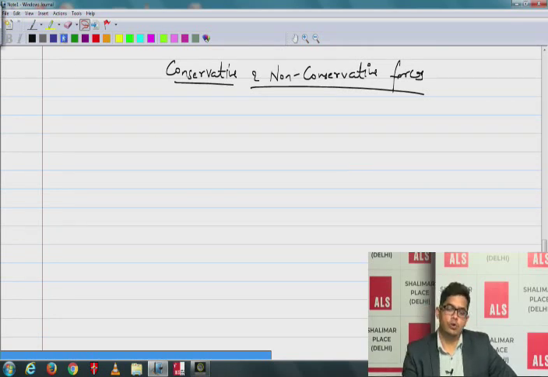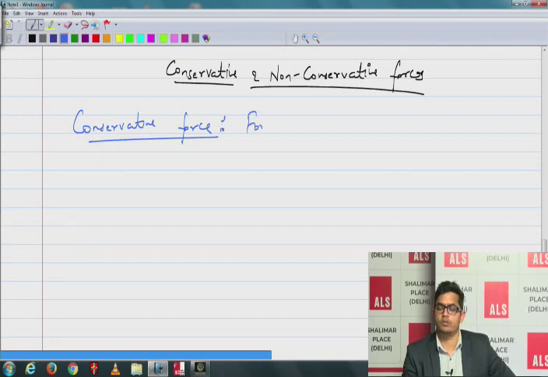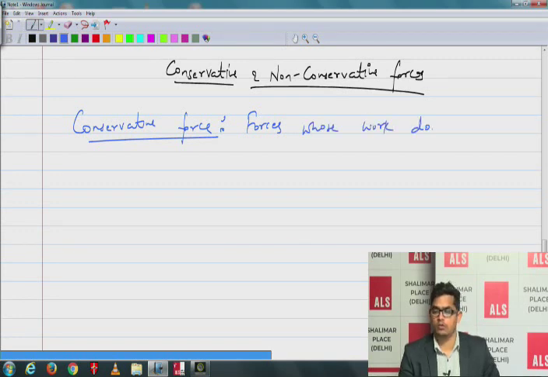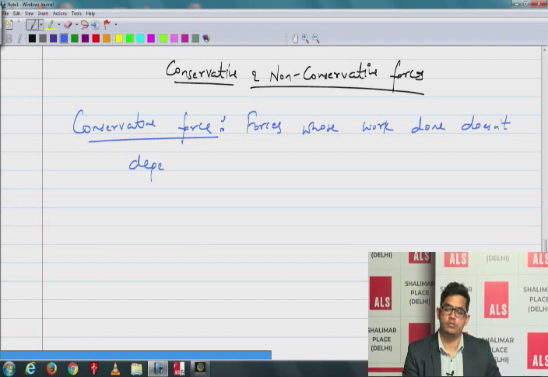So the basic difference between a conservative and non-conservative force is that conservative forces are those forces whose work done does not depend on path taken.